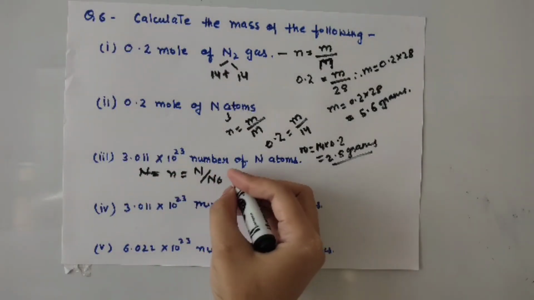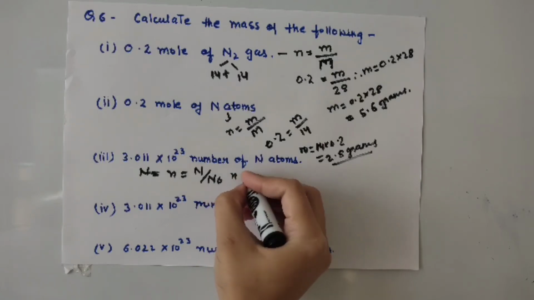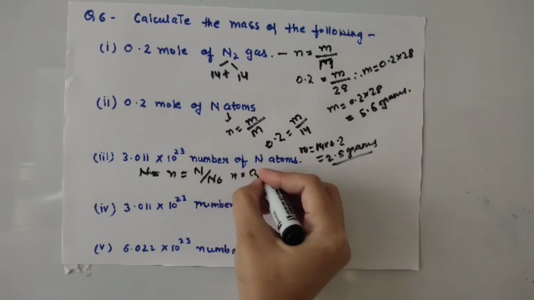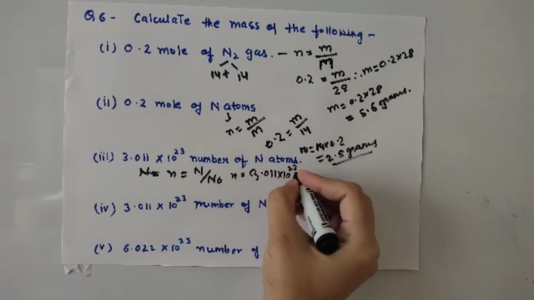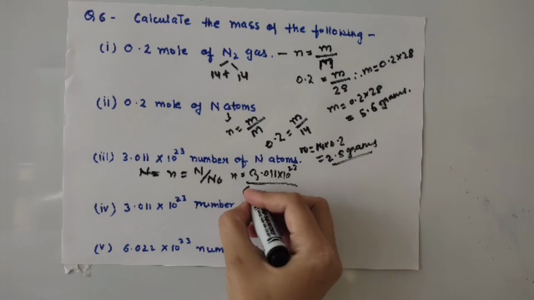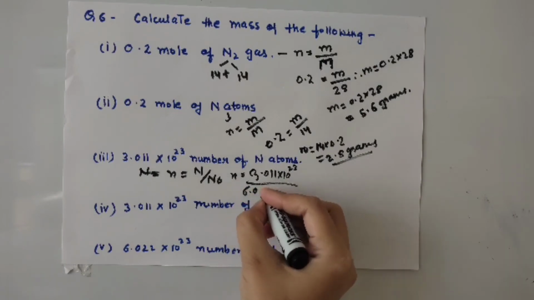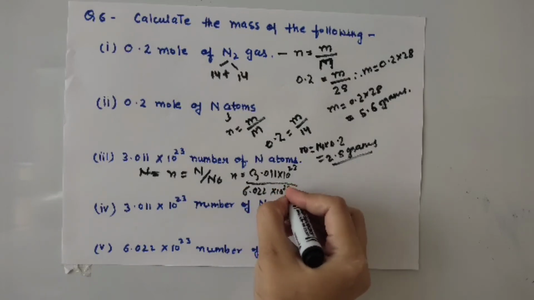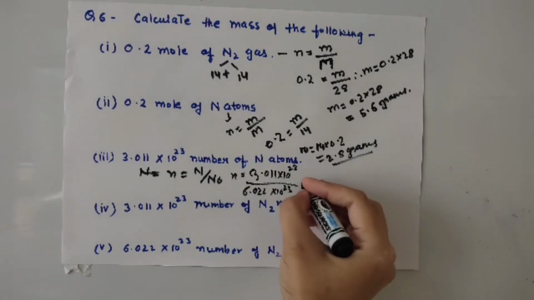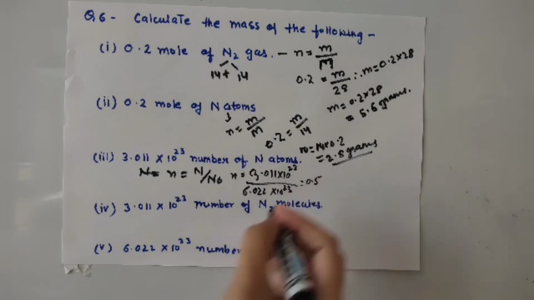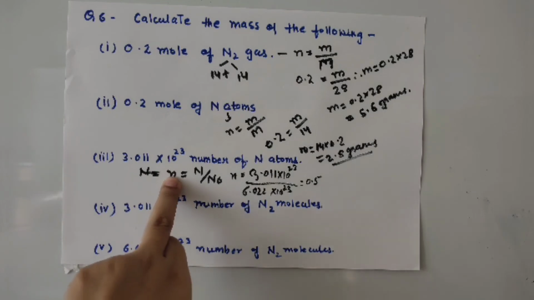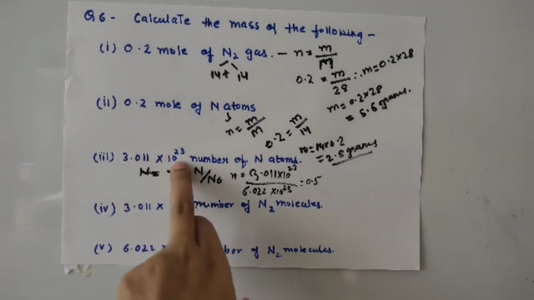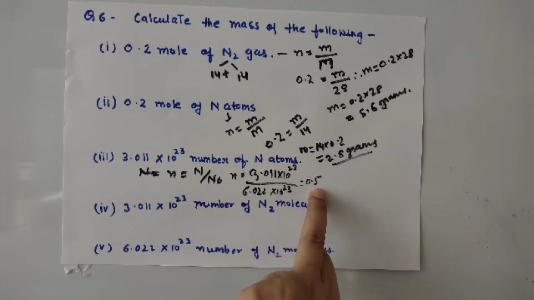So we can find the number of moles as n equals 3.011 into 10 to the power 23 divided by 6.022 into 10 to the power 23. It comes out to be 0.5. So the number of moles present in this number of N atoms will be 0.5.